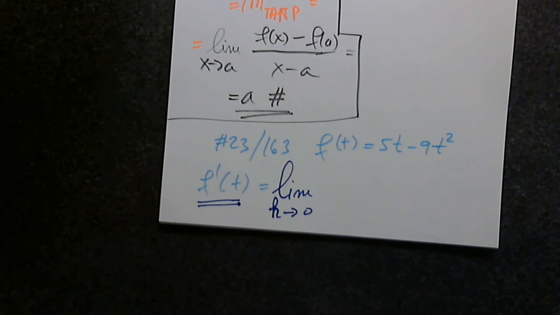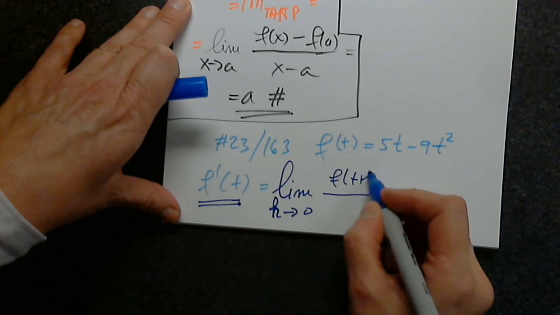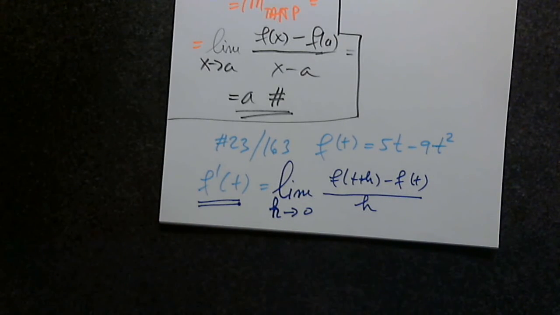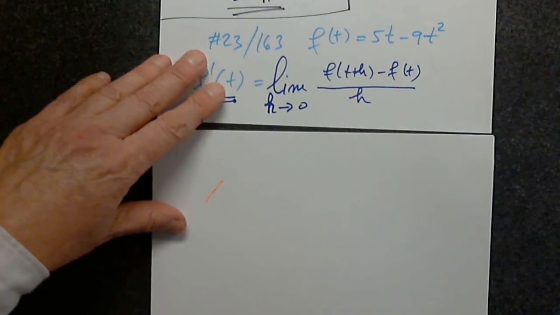Yeah. So then you can write it as f of t plus h minus f of t first so you don't get confused. So this is the difference quotient. The only difference is now that the function has t in it but not x. But that's okay. And now tell me what do we write next.